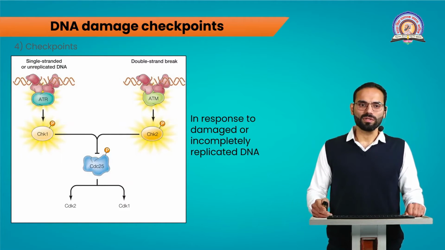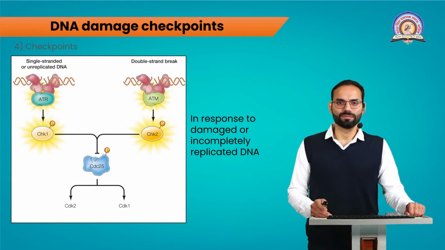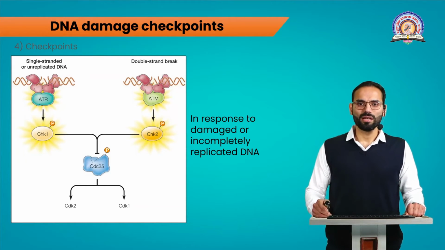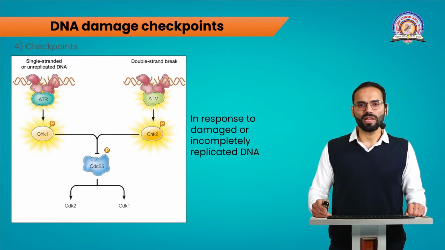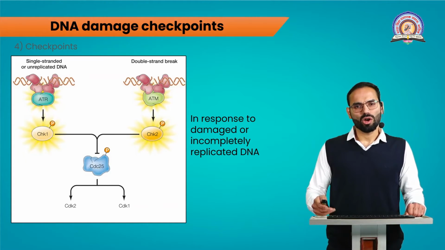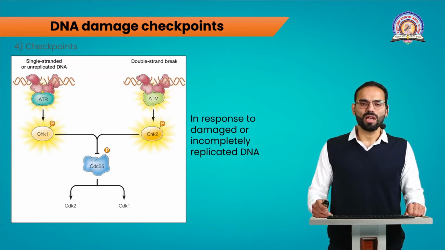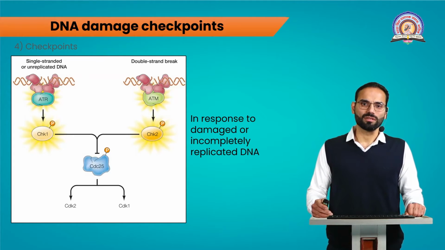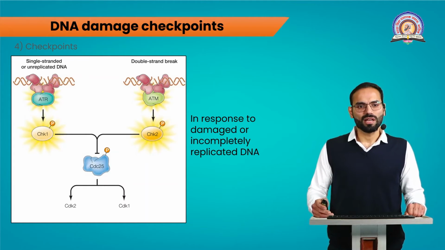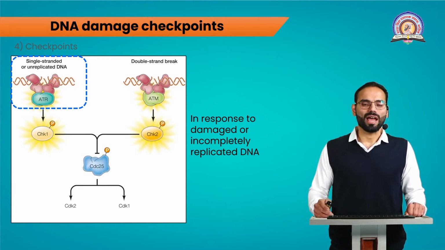So let's see what happens during DNA damage checkpoints. Our cell is regularly attacked by a lot of exogenous environmental factors or some endogenous cellular events which can lead to DNA damage. This DNA damage can be of two types. It can result in a break in a single strand of the DNA, and that results in activation of ATR kinase.